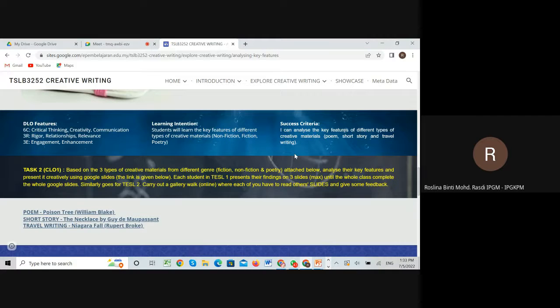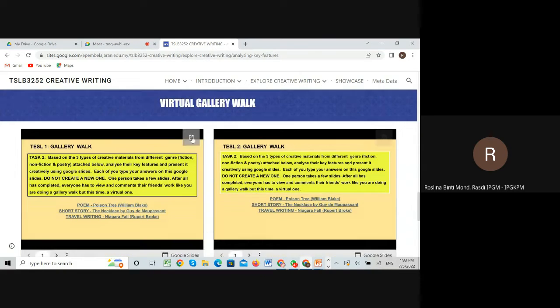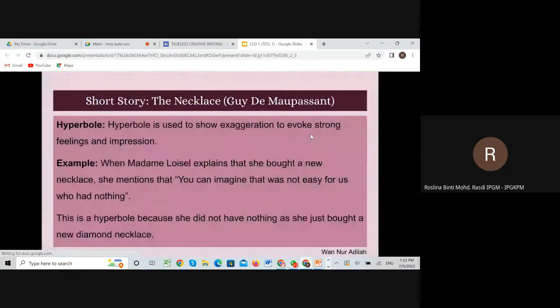Then they are to carry out an online gallery walk where each of them had to read other slides and give some feedback. So this is the student's product.